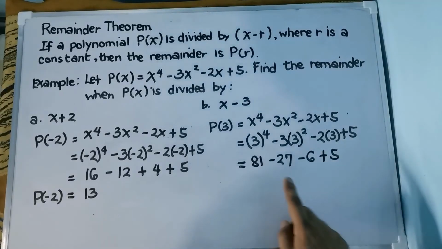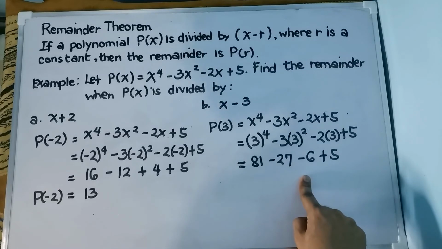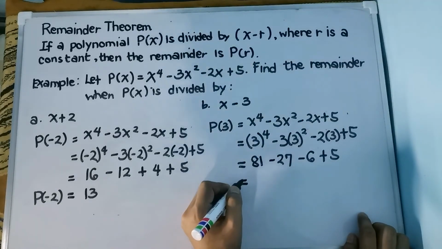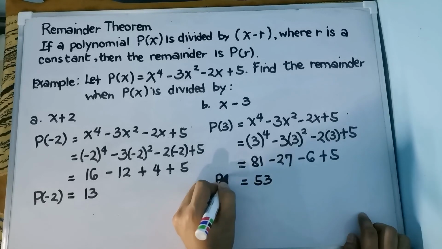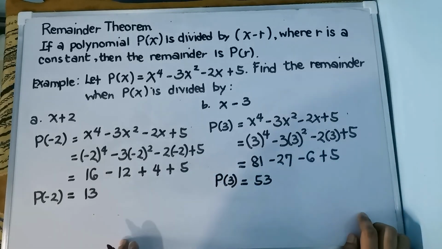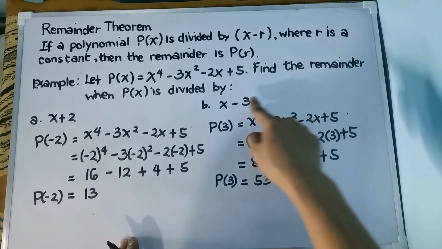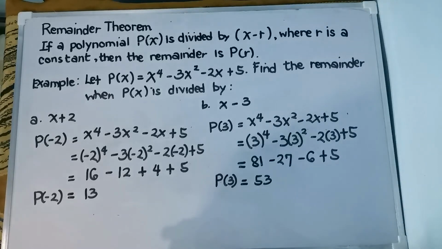So we have 81 minus 27 minus 6 plus 5 equals 53. So p of 3 equals 53. Therefore, when we divide the given polynomial by x minus 3, the remainder will be 53. And that is the remainder theorem.